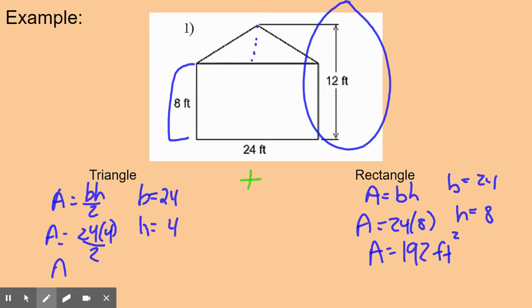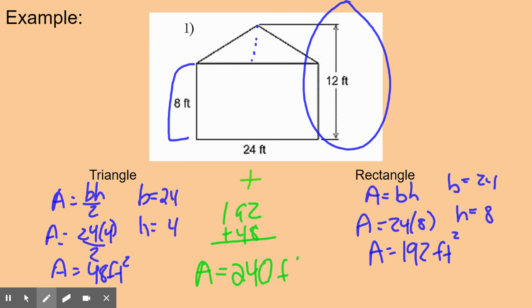And I should get A equals 48 feet squared. Now I'm not done, okay, because now I'm going to have to add the 2 together. So 192 plus 48. And I'm going to get A equals 240 feet squared as my final answer.